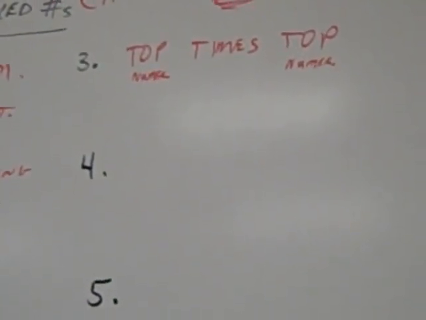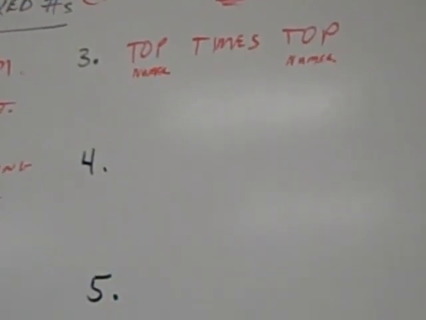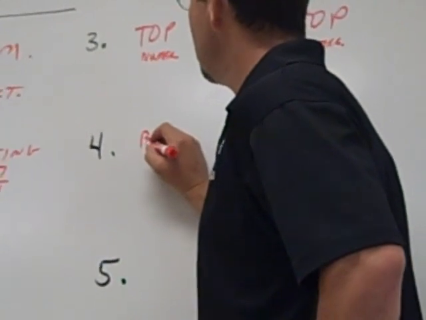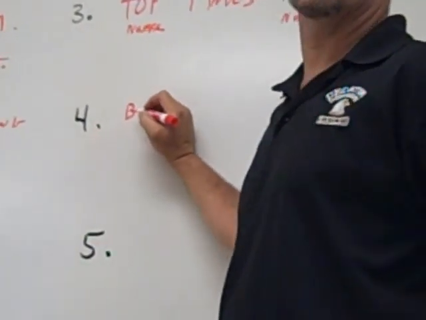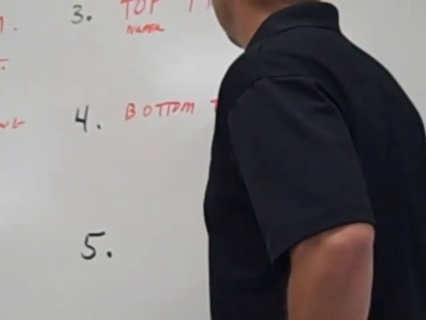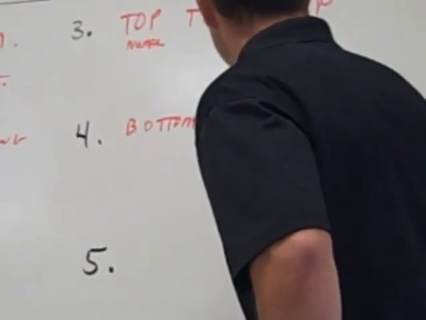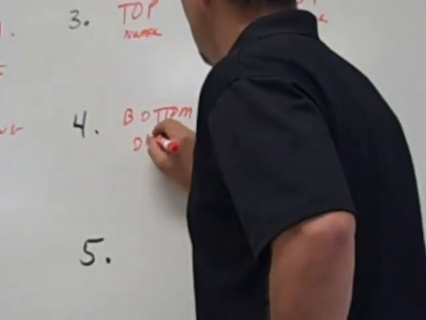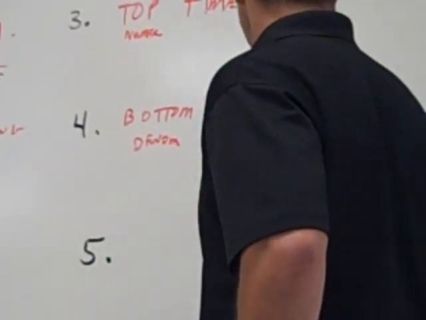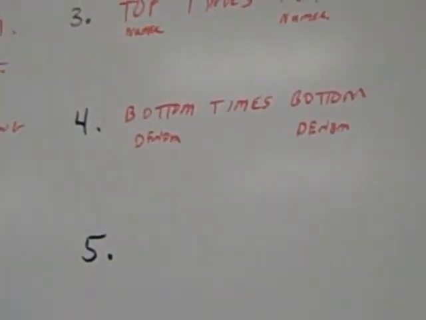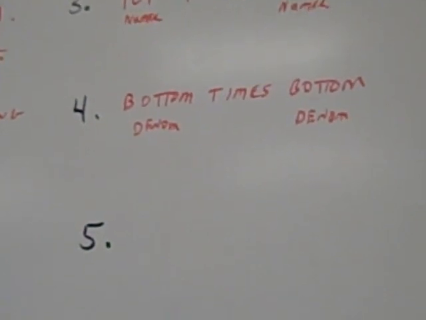Boy, this multiplying fraction stuff's hard. What do you think the bottom is going to be? Bottom times bottom. We'll put that in there because mathematicians want us to know those words: denominator times denominator. So I do this right here: 5 times 7.